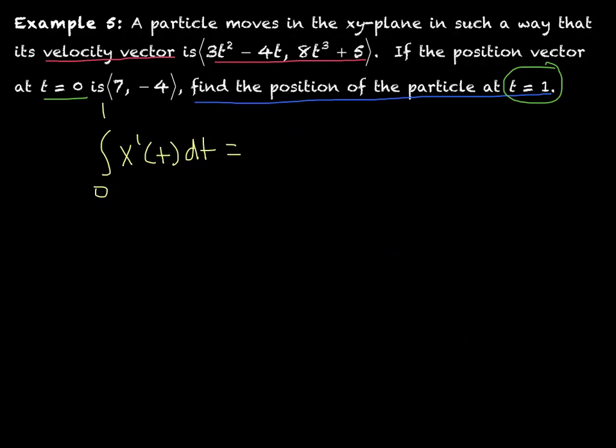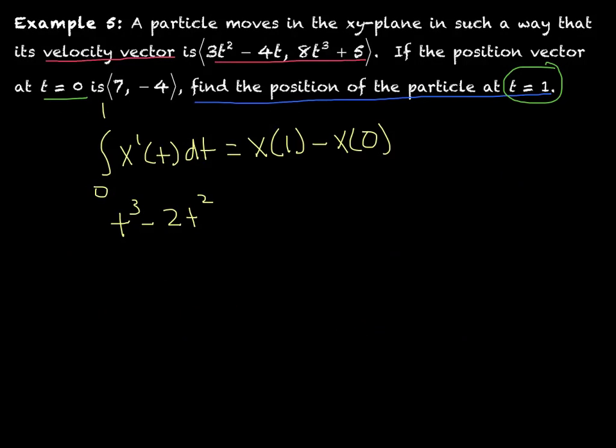And this is just reviewing the fundamental theorem of calculus. So that's going to get you back to the original function evaluated at the upper limit minus the lower limit. So we're going to integrate x prime of t, and that is going to give us t cubed minus 2t squared.